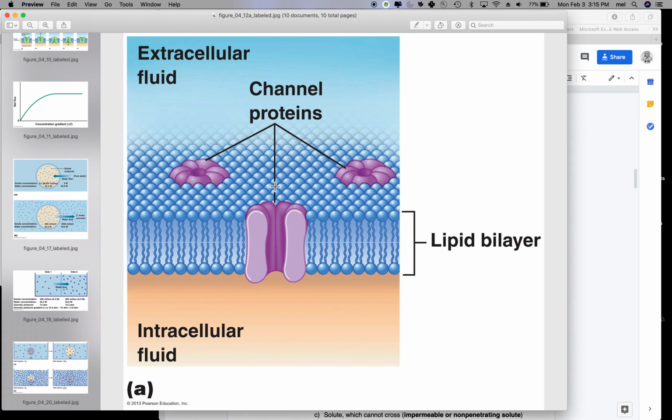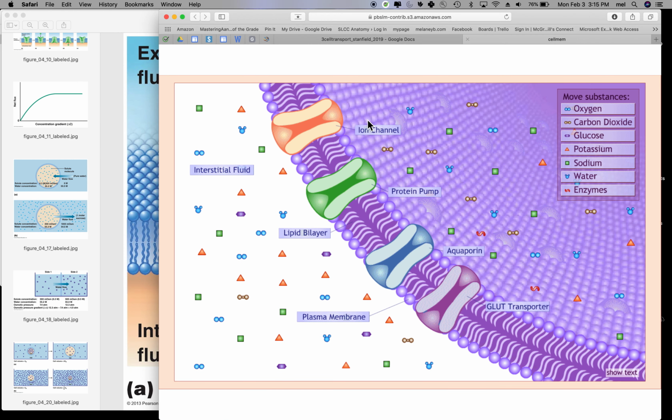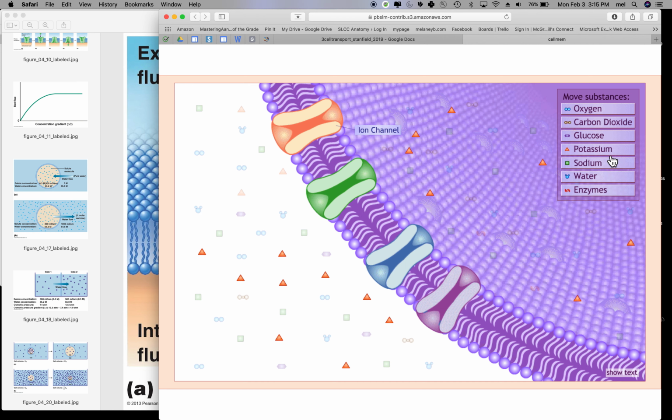And a leak channel kind of looks like this. It is a channel protein that just allows anything that fits to leak in and out down its concentration or electrochemical gradient. So it's basically a door that is always open. So this would be a good example of a leak channel right here. So that's a leak channel.